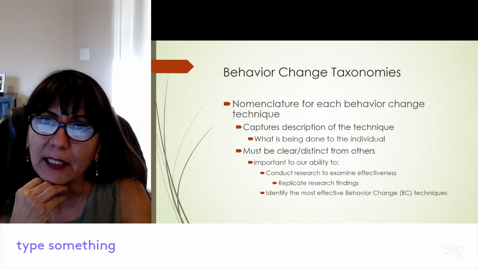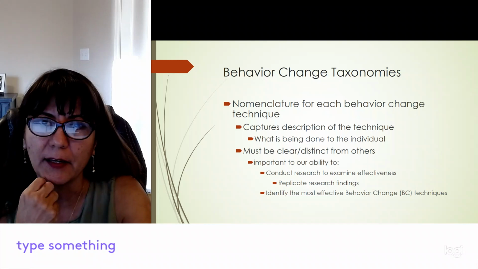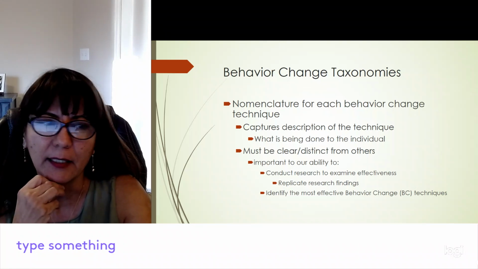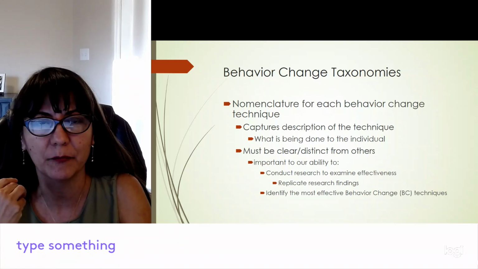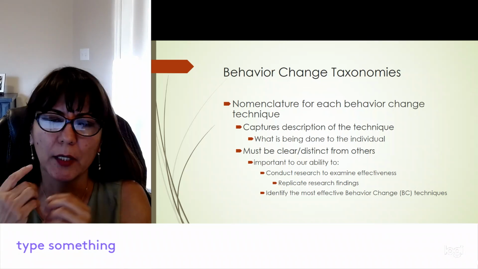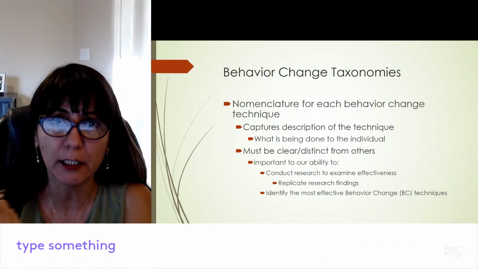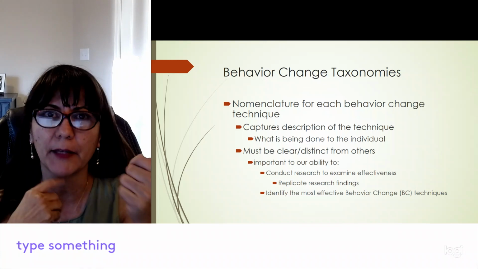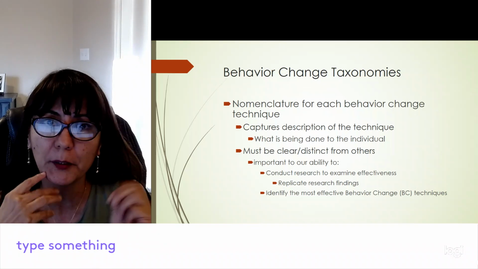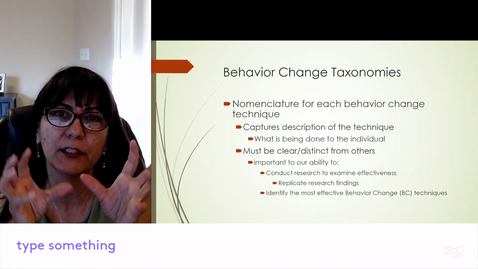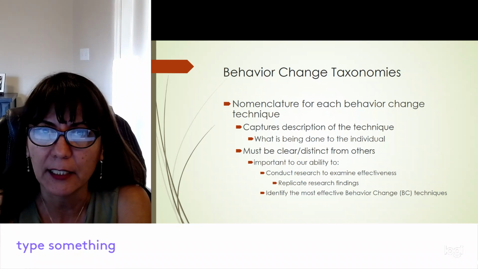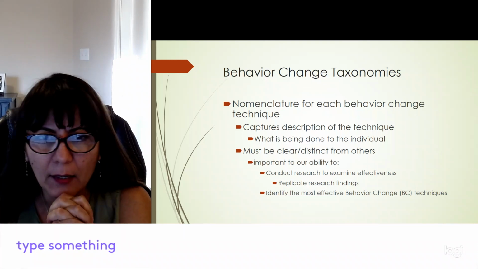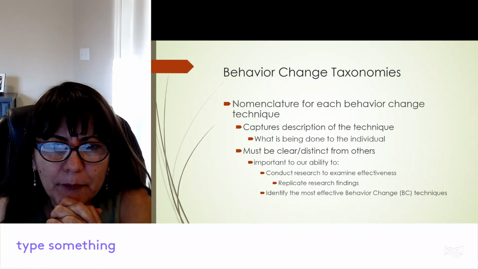So by classifying them and defining them, it helps us in testing them, right? It's like, oh, what does this technique consist of? Well, it consists of X, Y, Z. Okay, so if you're doing these things, then you're engaging in this specific behavior change technique.